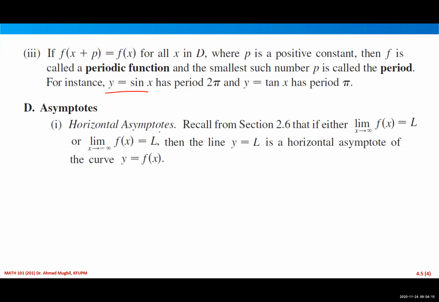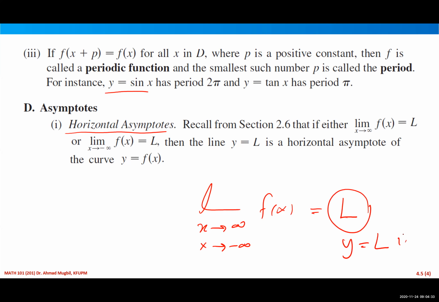The horizontal asymptotes: how to find them? You will just find the limit of the function when x goes to infinity, or also when x goes to negative infinity. If this limit is equal to a specific finite number L, then y equals L is a horizontal asymptote.